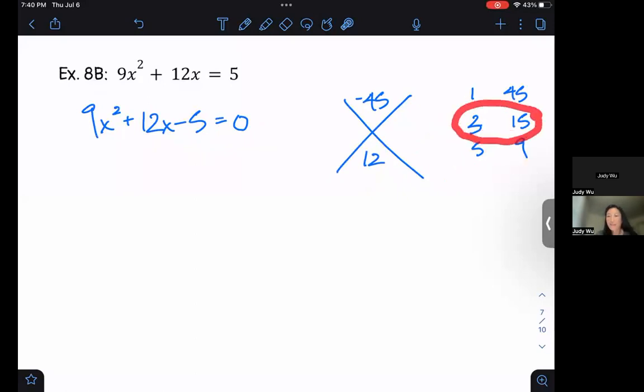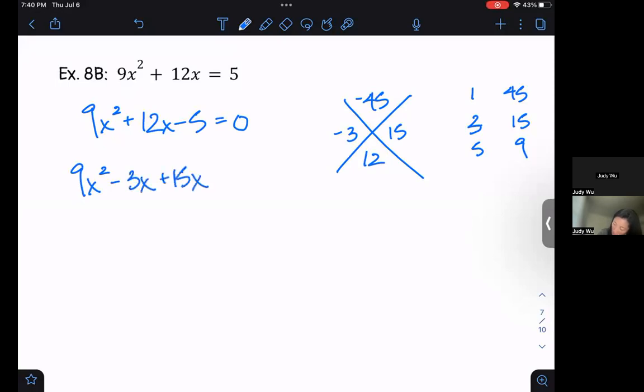But if we write them out in order, I think we come up with 3 times 15, which maybe doesn't pop up into our brains automatically. If we have negative 3 and a positive 15, we'll multiply to make negative 45, but add to make 12. Awesome. So I've got 9x squared minus 3x plus 15x minus 5 equals 0.